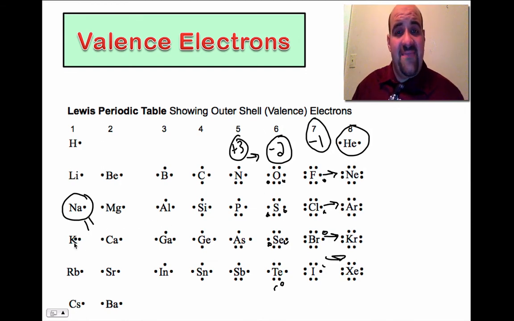Potassium, if it loses its valence electron, it's going to be exactly like argon. And all these elements are going to want to have a +1 charge, right? They're going to lose 1 electron. These atoms in here, same process, but they're going to want to form a +2 charge. And these atoms in general, we'll say, will be a +3 charge. The atoms in the middle are going to be a special case. They're not going to gain or lose 4. They're probably going to share electrons and form covalent bonds. But we'll talk about that later on.